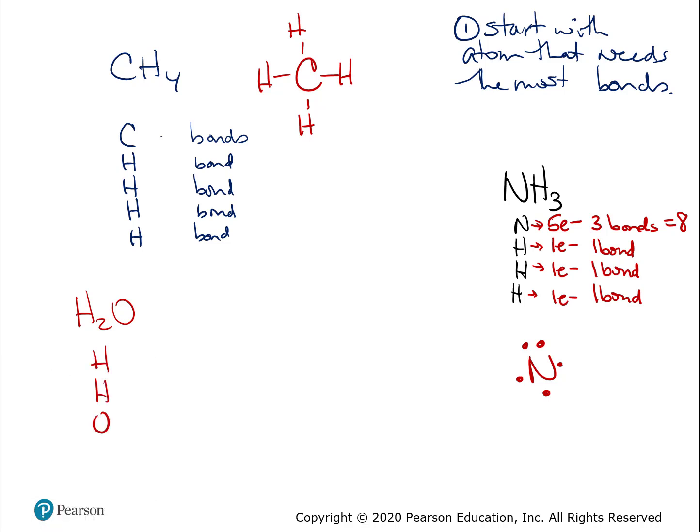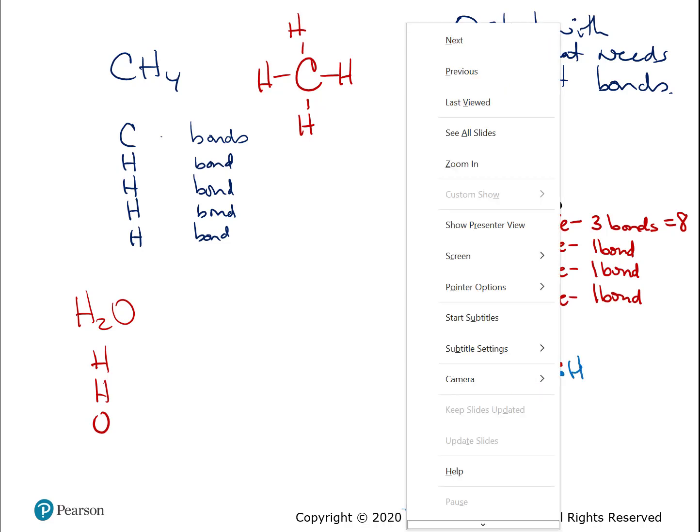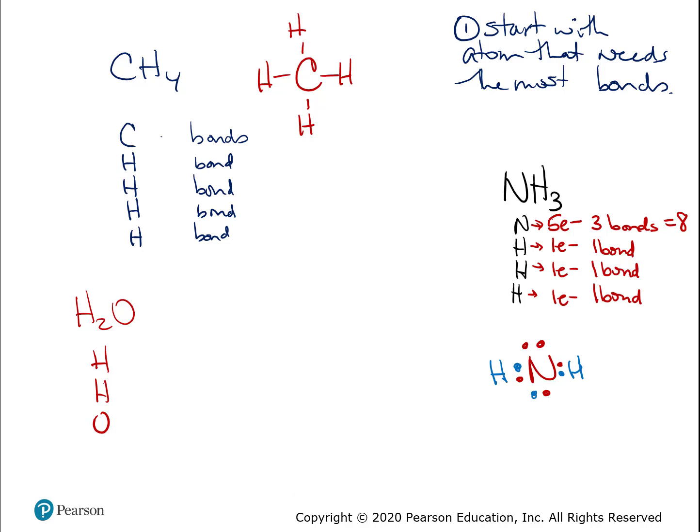Now, I've got to add 3 hydrogens. So where will I add the hydrogens? I'm going to add a hydrogen here and form a single bond. Add a hydrogen here, form a single bond. Add a hydrogen down at the bottom, and a single bond.